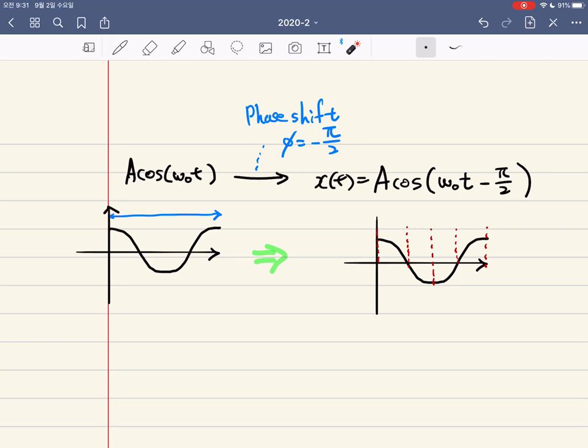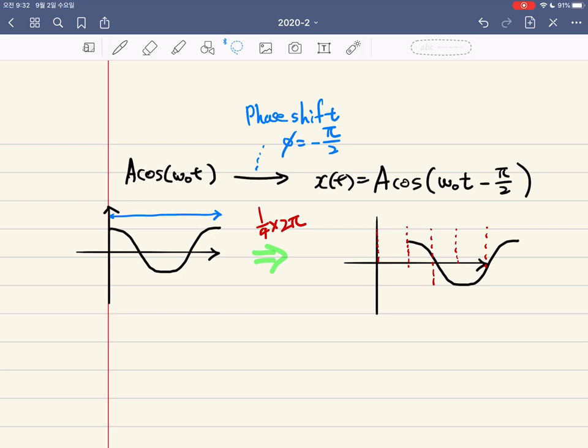So as minus pi over 2 is a quarter of 2 pi, we shift the original signal by a quarter amount to the right side.